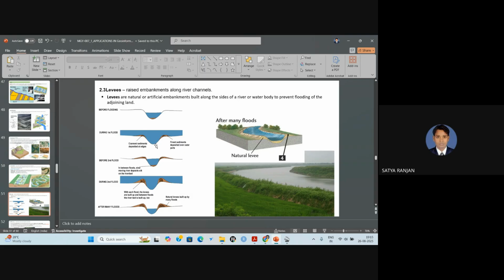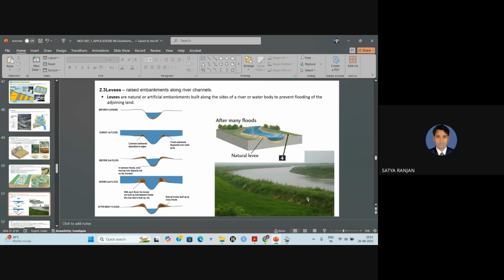After the first flood is complete, then a second flood again creates sediments and deposits them on the banks. After 2 or 3 cycles, it creates a depositional surface, and some raised areas form. This is called the levees.